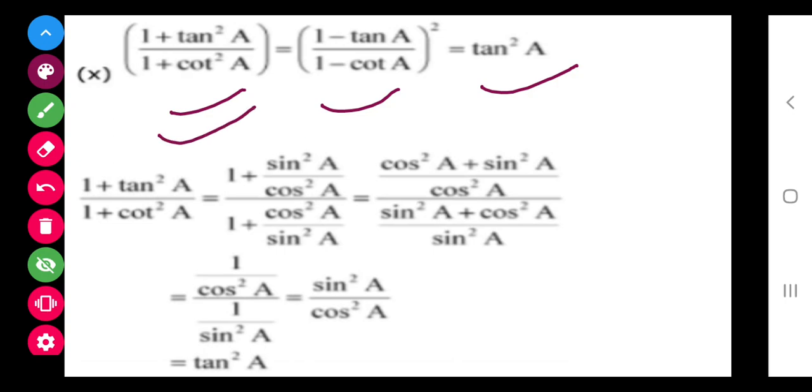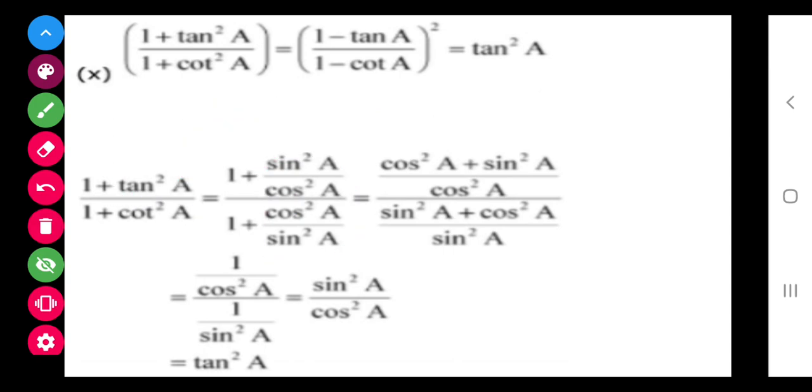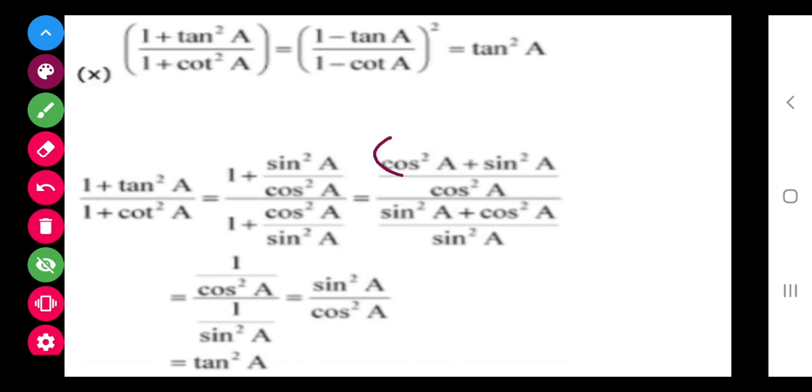In this, same trick: tan can be written as sine upon cos, so sine square upon cos square. Cot can be written as cos upon sine, that is cos square upon sine square. Now taking LCM, it has become cos square A plus sine square A upon cos square A, and in denominator it has become this. Now sine square A plus cos square A can be written as 1.